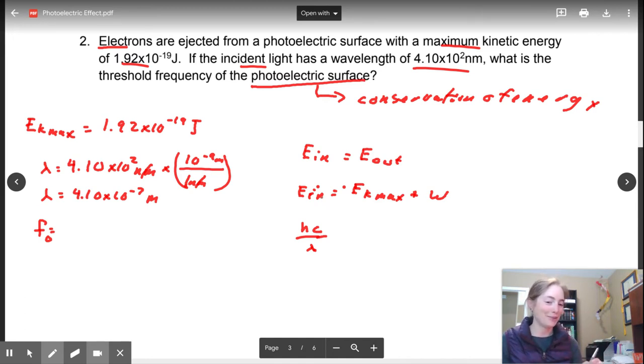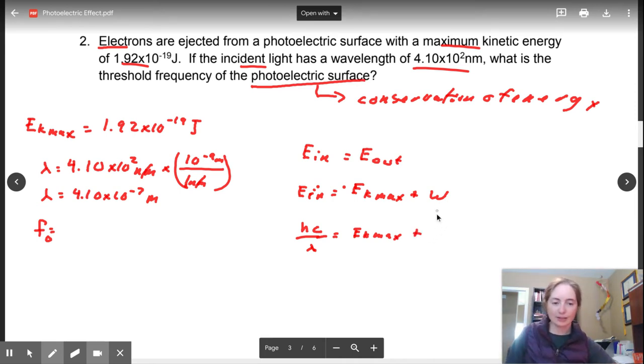And my EK max, well, that's a value that I've already been given. Okay, and my work function, ladies and gentlemen, is going to be my h f0. Okay, I have been asked to find f0.